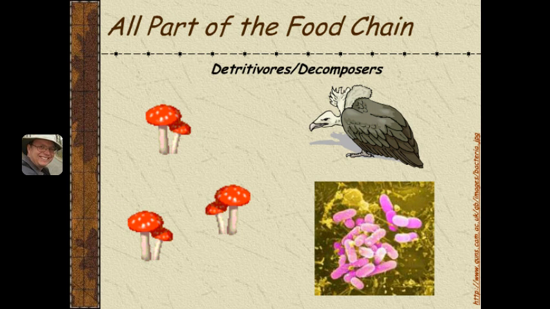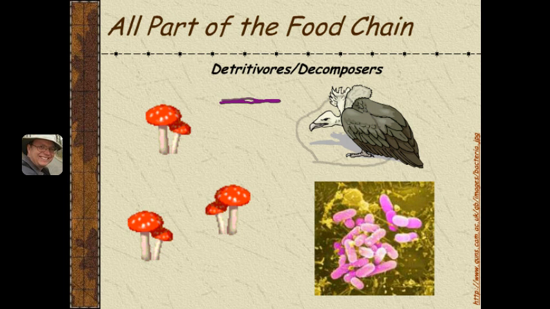Well, you know, what does a mushroom eat? What does bacteria eat? For that matter, what does this guy right here? What does a buzzard eat? Well, buzzards eat dead things, and we have a word for dead stuff. Dead stuff is called detritus, and something that eats detritus is called a detritivore.